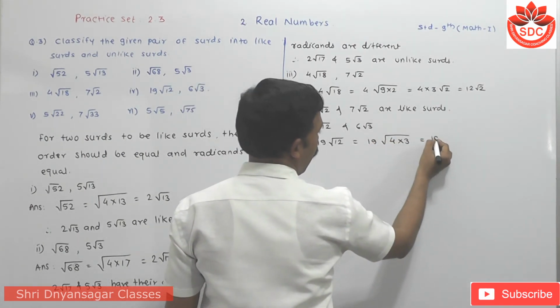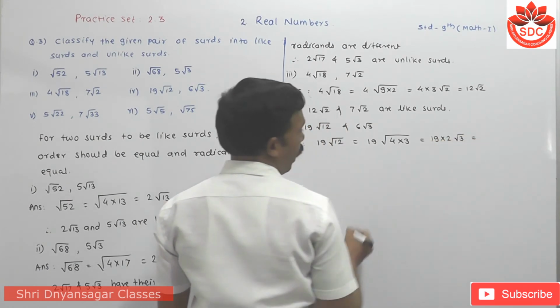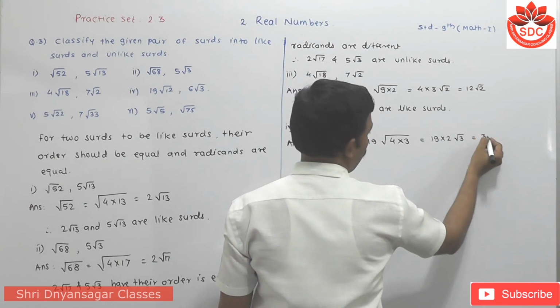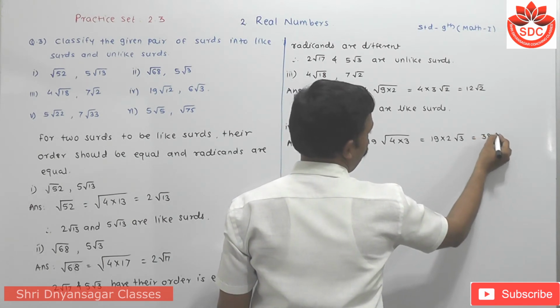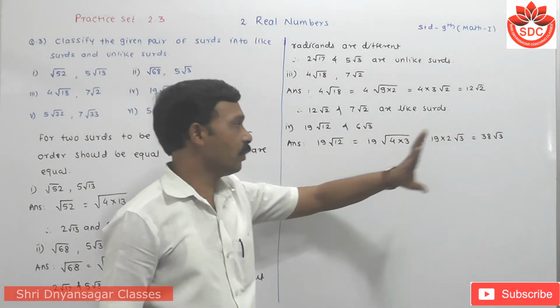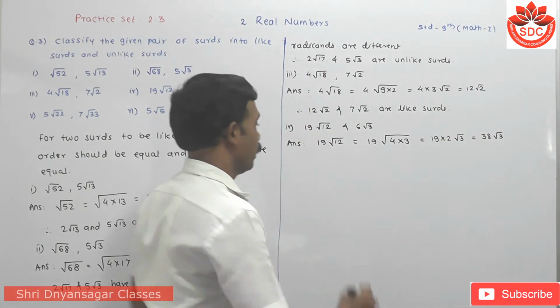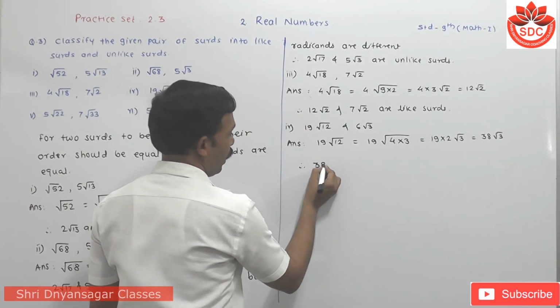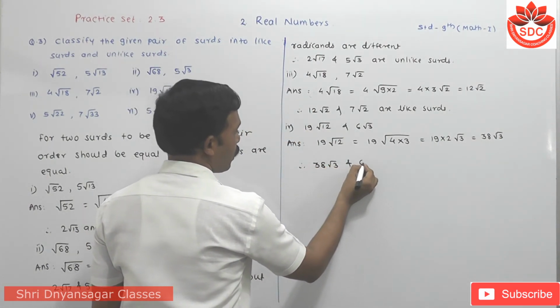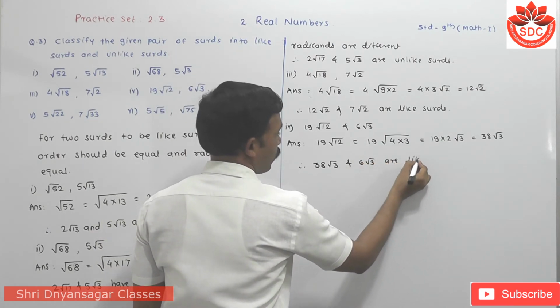Then 19 into 2 root of 3. 19 twos are 38 root of 3. Look here: 6 root 3 and 38 root 3. Order is same and radicand is also same. Therefore 38 root 3 and 6 root 3 are like surds.